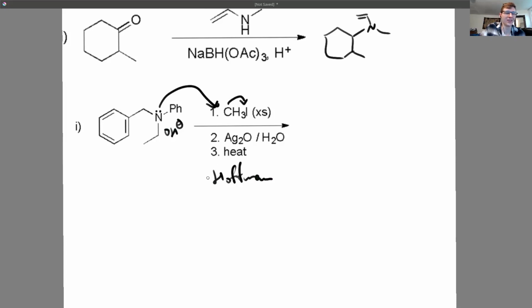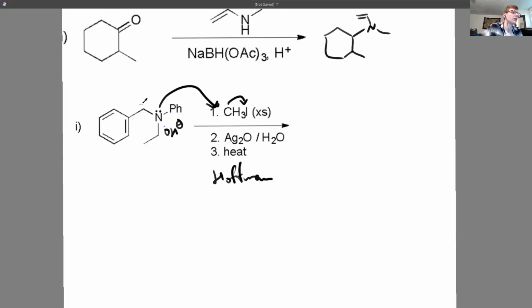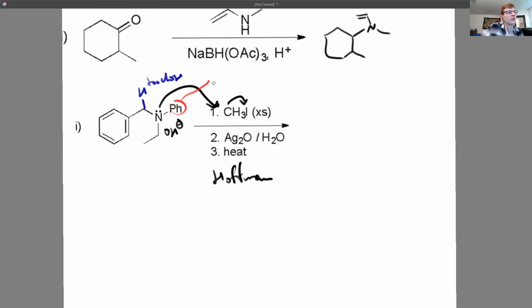Let's see, we have to pull a hydrogen off somewhere, right? And it needs to be somewhere that's two carbons away from the nitrogen. We can't pull this one off, this is too close. There are no hydrogens on the phenyl.